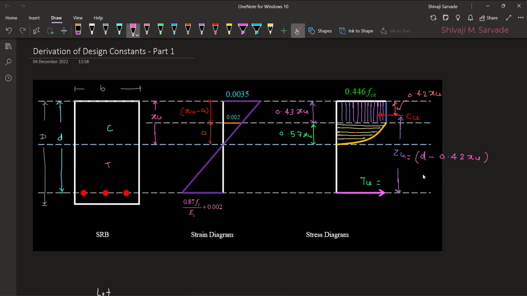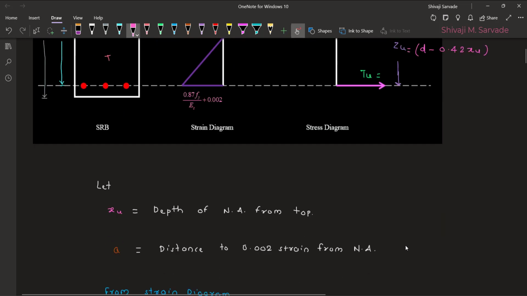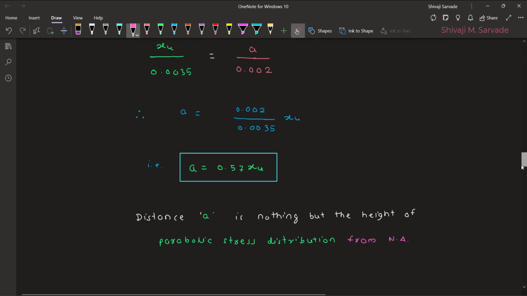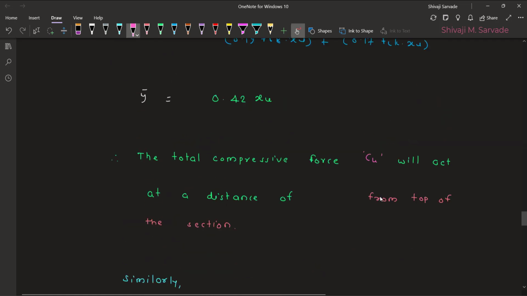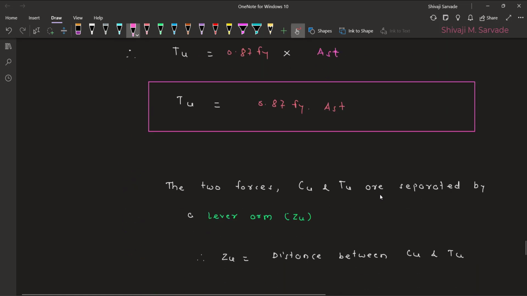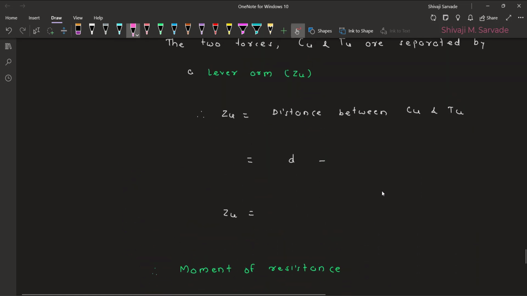Let's write this down to have our complete set of notes. The lever arm is d minus 0.42 XU, which is the distance of the compressive force from the top. So ZU, the lever arm, is d minus 0.42 XU.